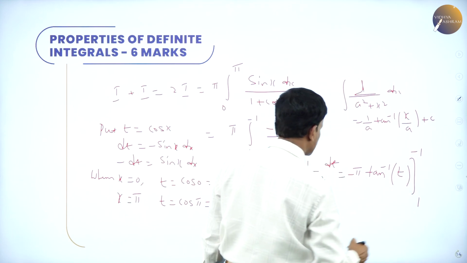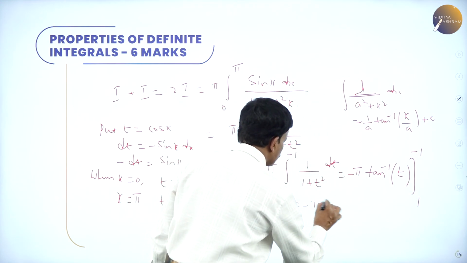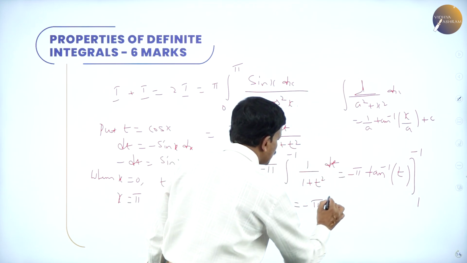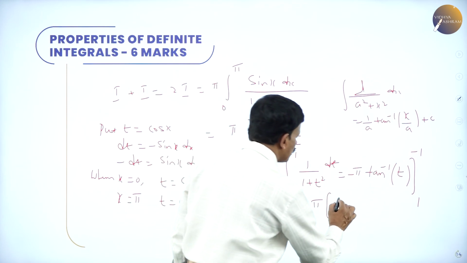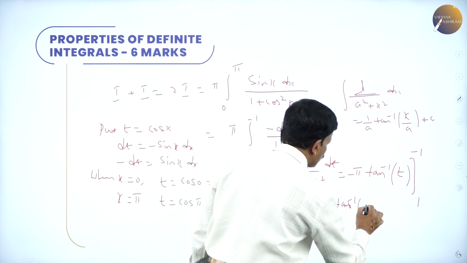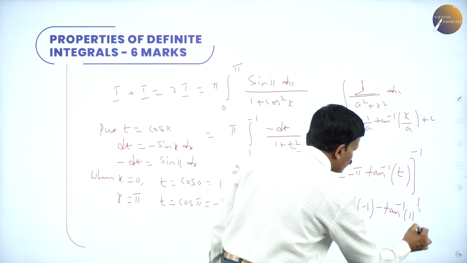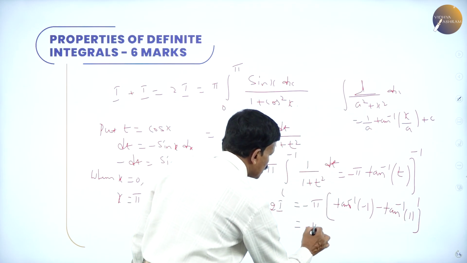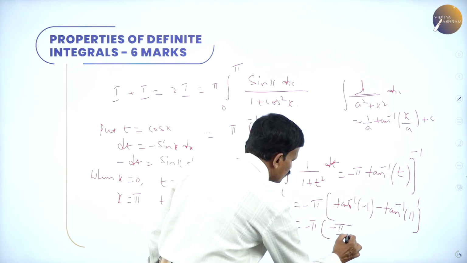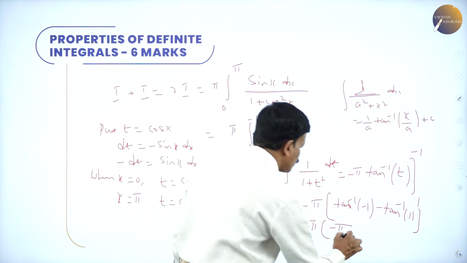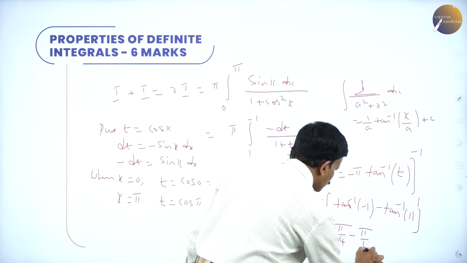Between the limits, what are the limits? 1 to minus 1. Now 2I is equal to minus pi into, apply the upper limit, tan inverse of minus 1 minus tan inverse of plus 1. This is minus pi into, tan inverse of minus 1 is minus pi by 4, and plus pi by 4.